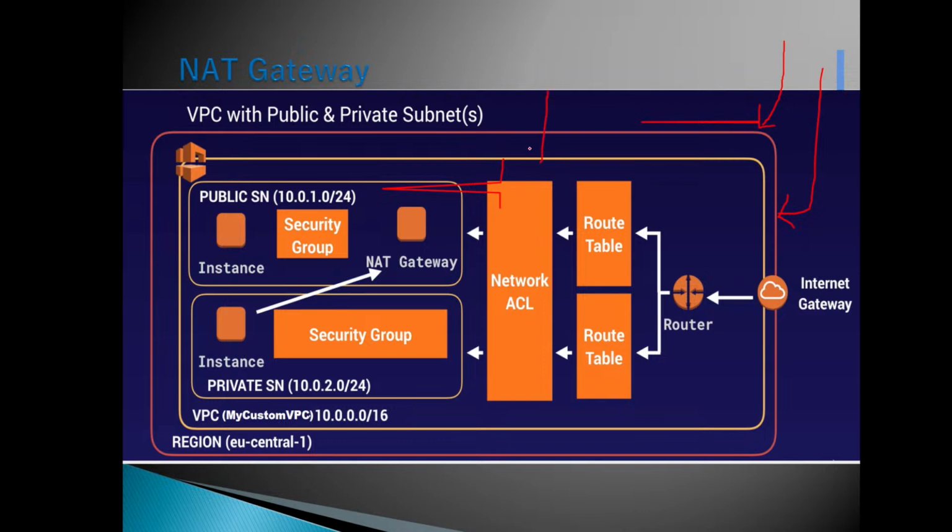So if you want to enable network level security, you have to enable an access control list. In this there is an inbound traffic, just like in security group, and an outbound traffic. Traffic coming to your network, traffic leaving out of your network, both are controlled by NACL.